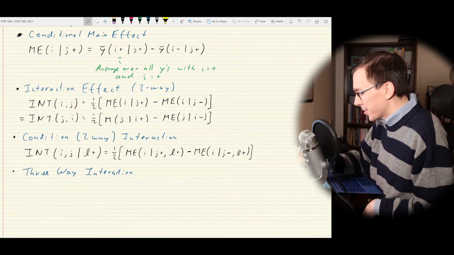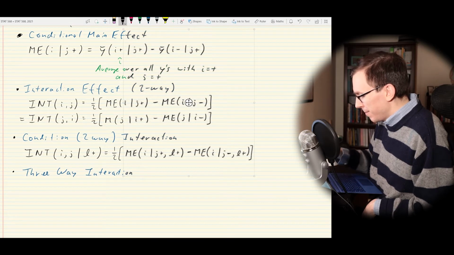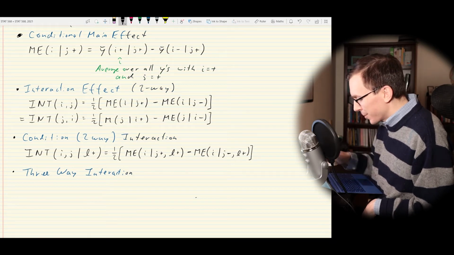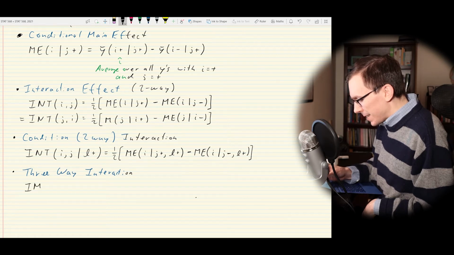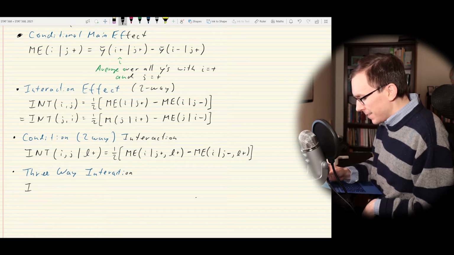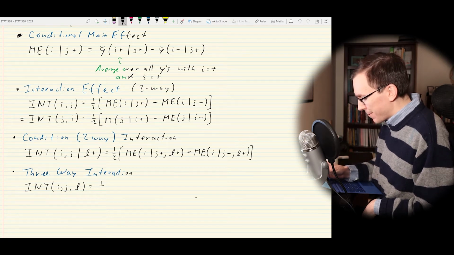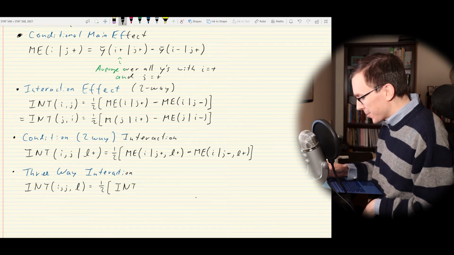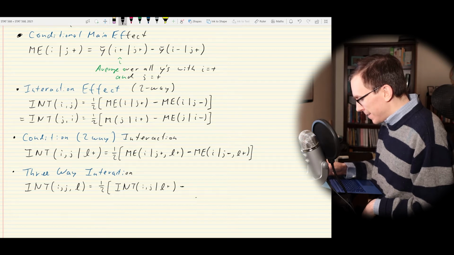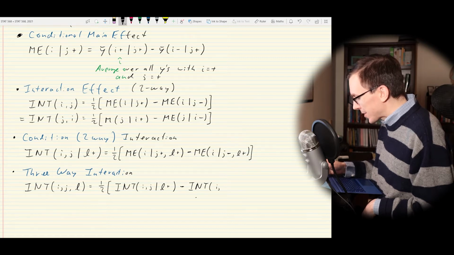And the three-way interaction we can write down as between I, j and L. And in this case, it's just going to be 1/2 times the difference between the conditional two-way interaction of I and j given L plus minus the conditional two-way interaction of I and j given L minus.